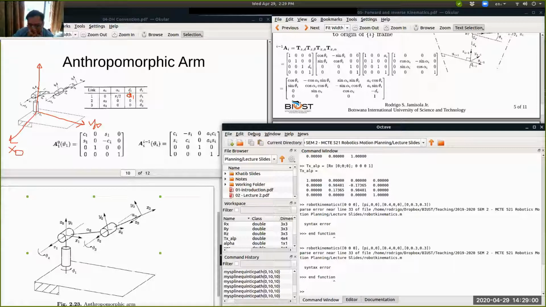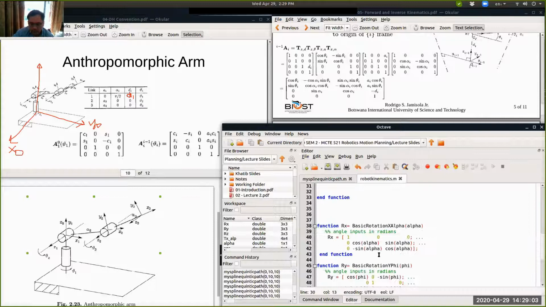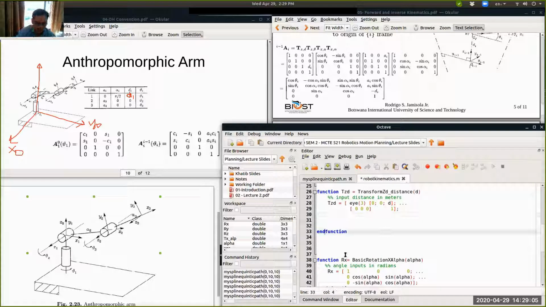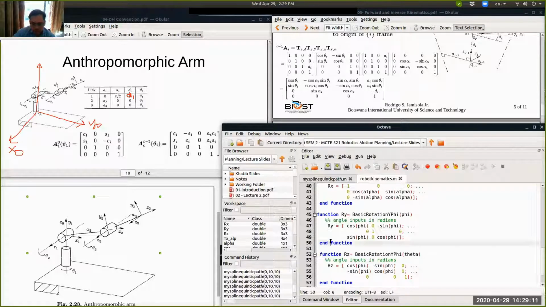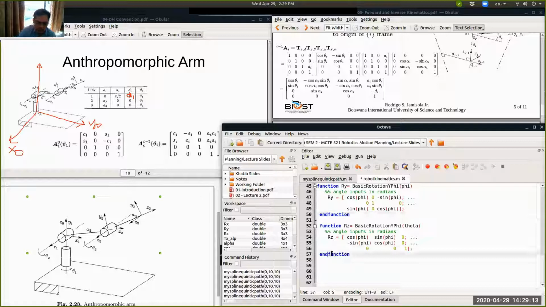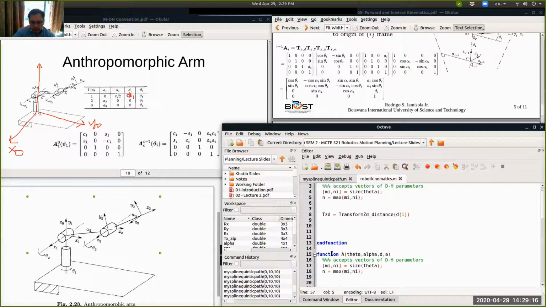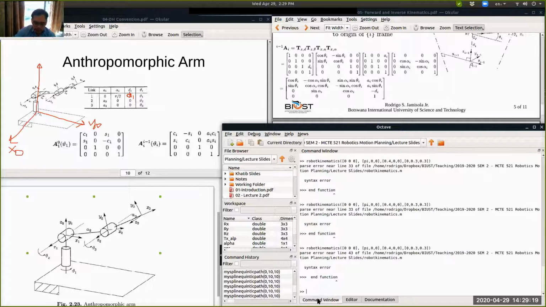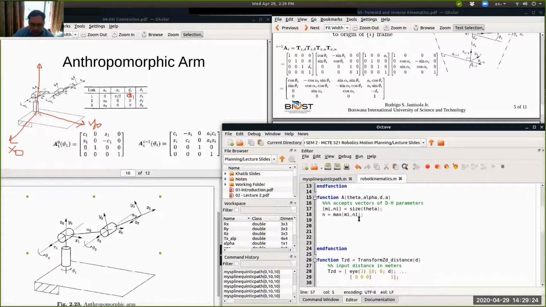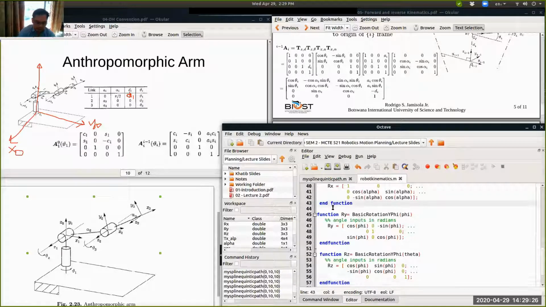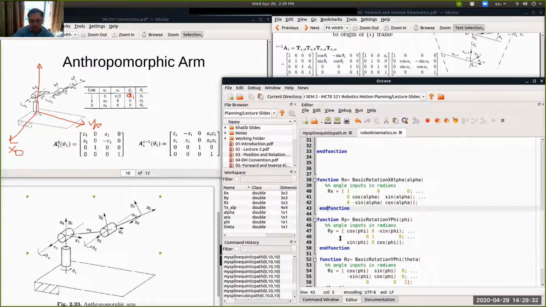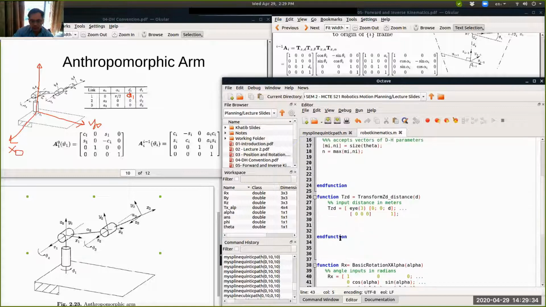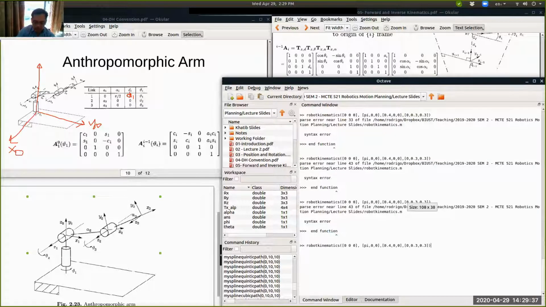Still end function, syntax end function. What's wrong with this function? Okay, this one, and this one. What else? No more. Line 43. I still have it. Okay, let's increase it a little bit. No more.